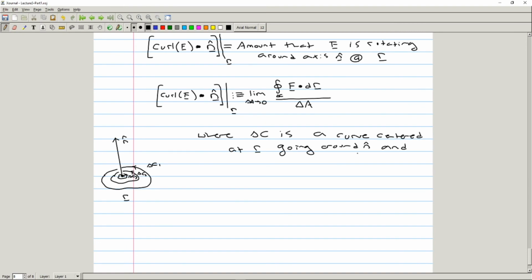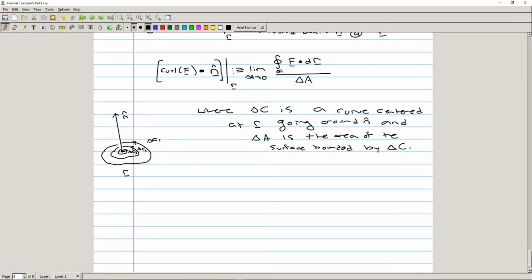And delta A is the area of the surface bounded by delta C. So this is a different way of defining the curl. And what's really nice here is that in some sense we can think of this for small values of delta A as a measure of the average circulation of the vector field F on the curve delta C.